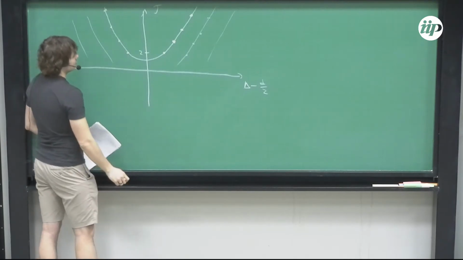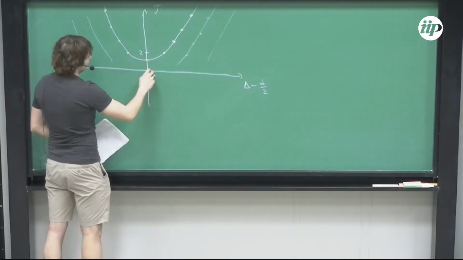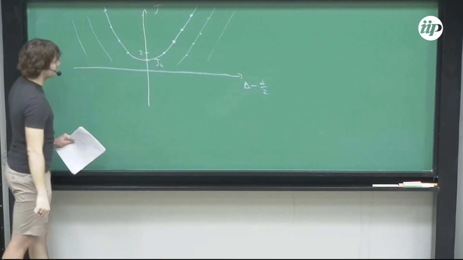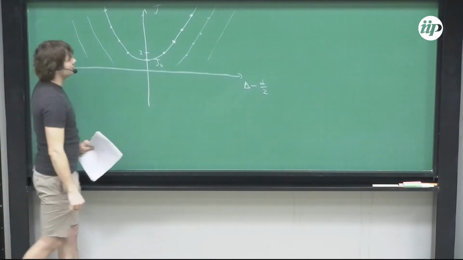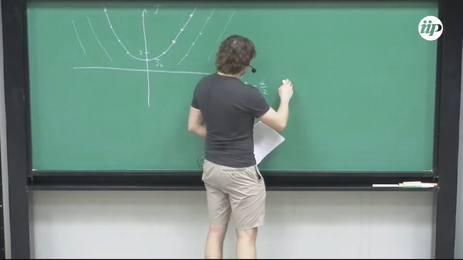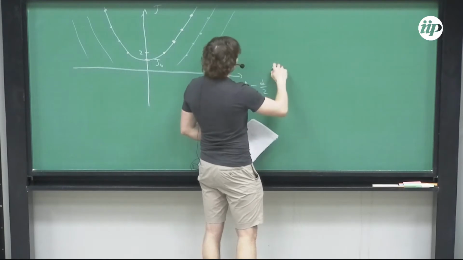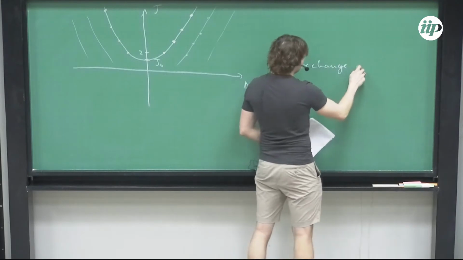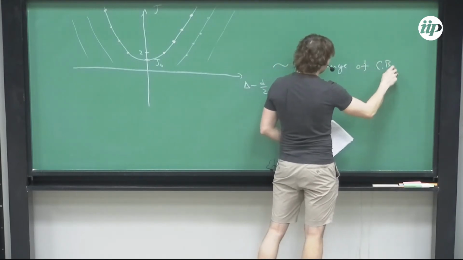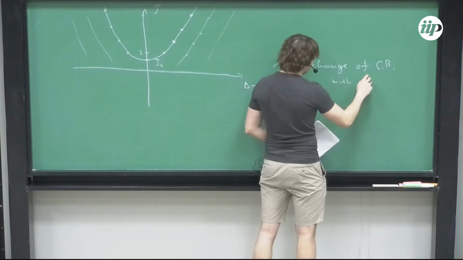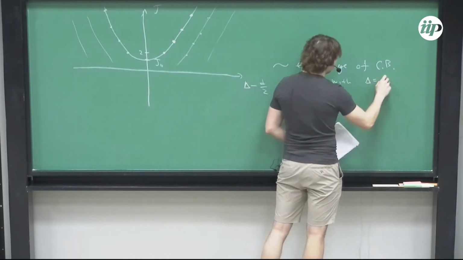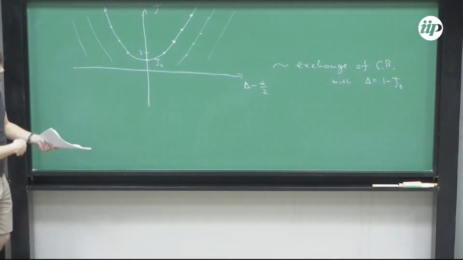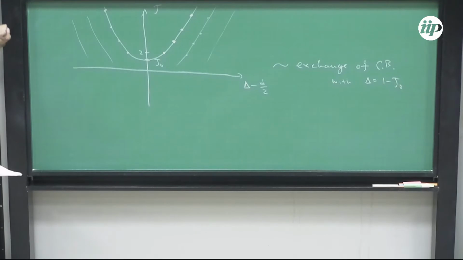So the statement of conformal Regge theory is that if you find this intercept here, call it J0. So this is spin. J0 is somewhere below 2, let's say. Then this correlator is proportional to the exchange of a conformal block with dimension delta equals 1 minus J0. So you can make this more quantitative, or you can write a formula for what dominates this correlation function.